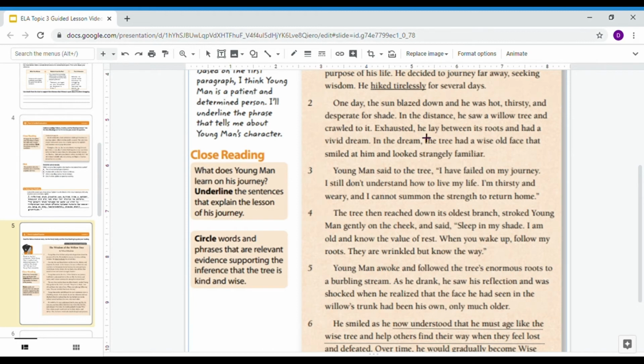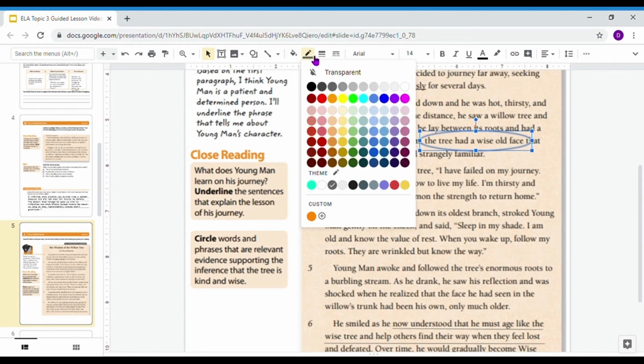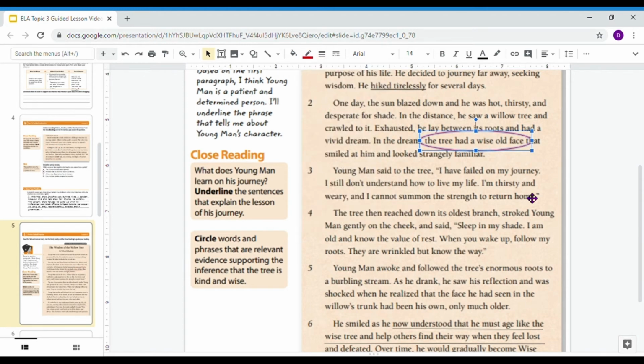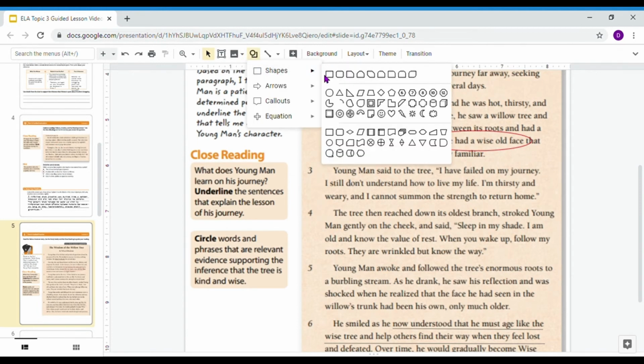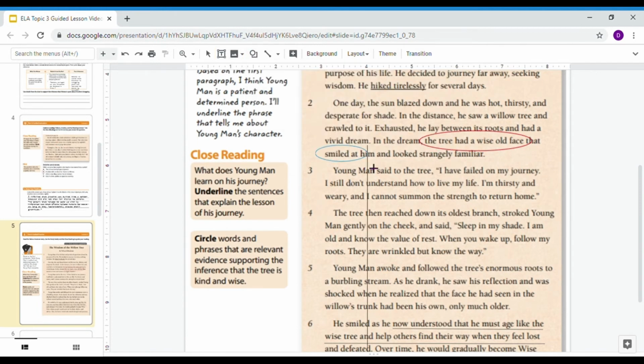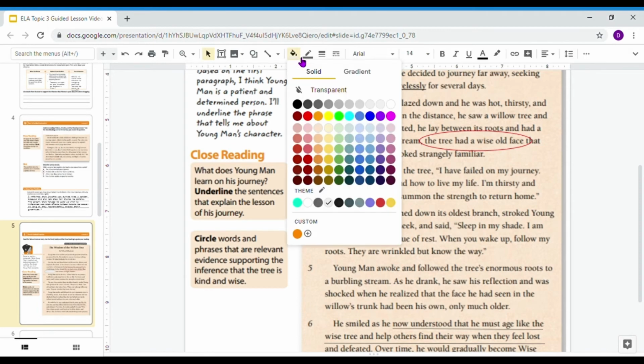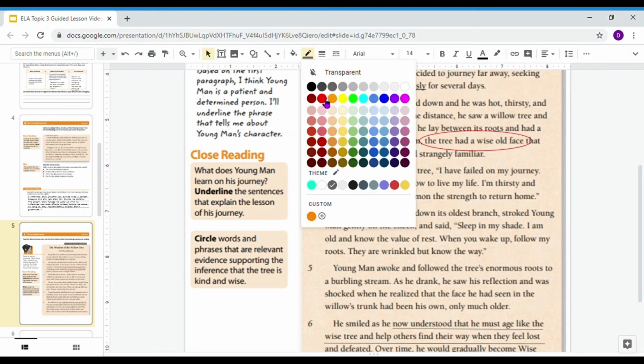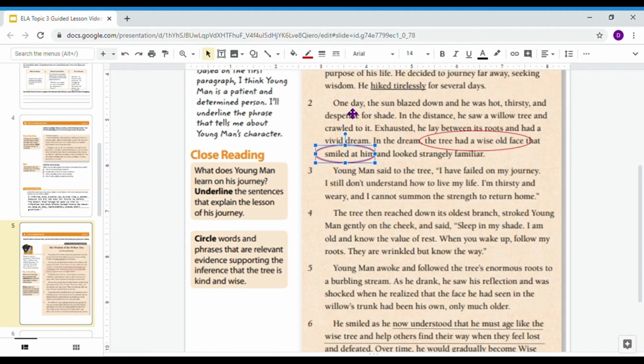So that really makes me think that he's wise because it says that his face is wise. And then something else in the same exact sentence, but kind of shows the opposite, the kindness aspect, is that he was smiling at him. He smiled at him, and that shows he's kind.